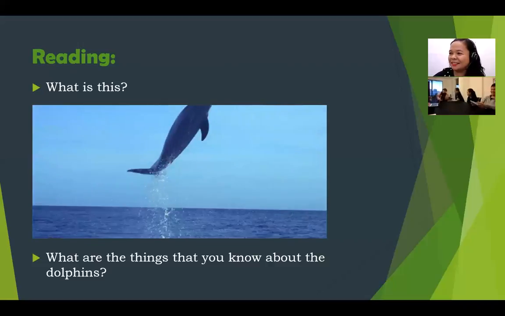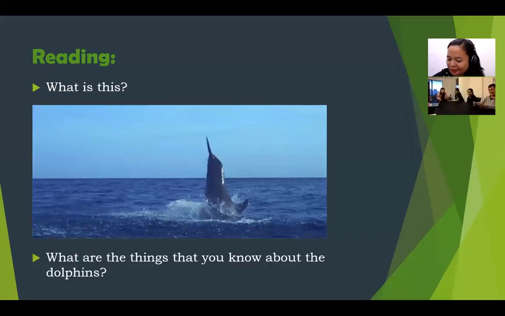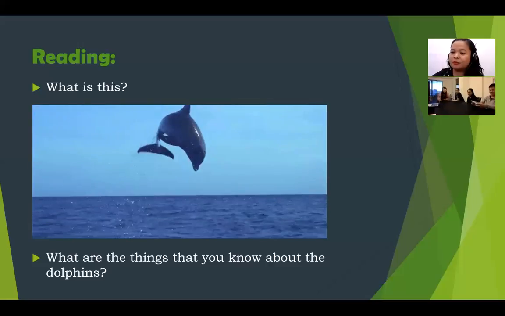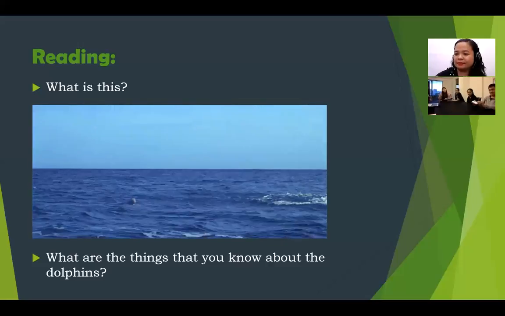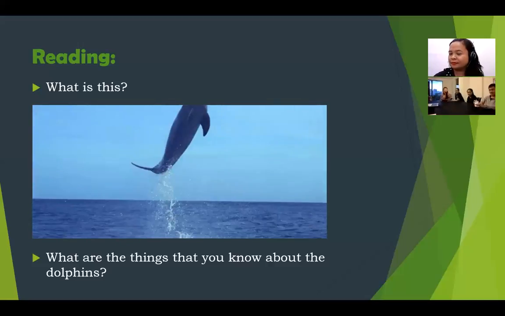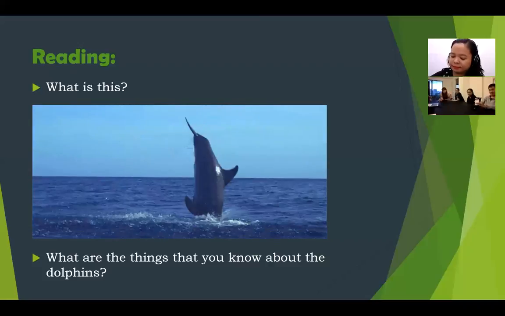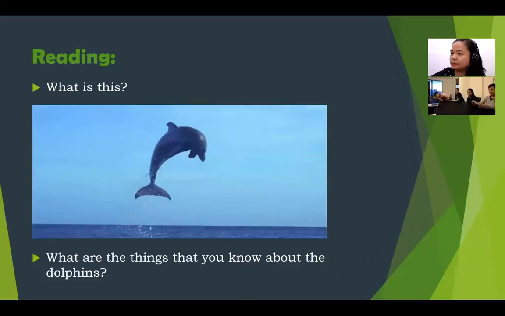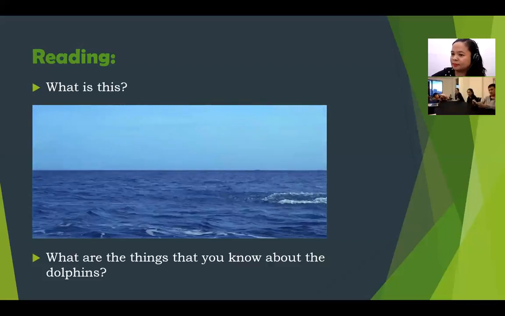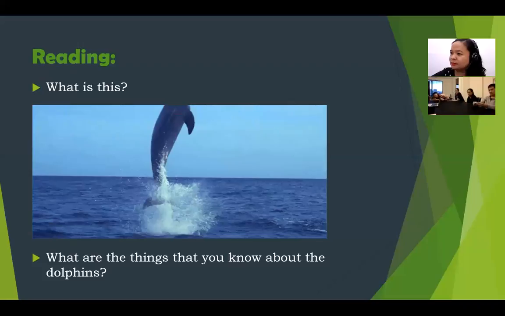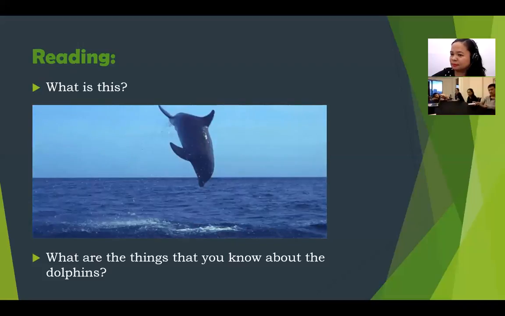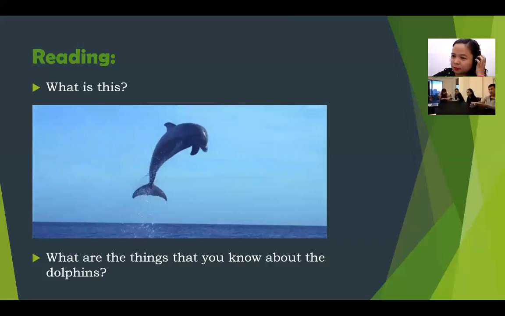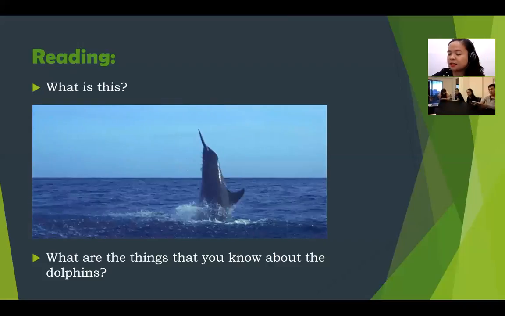Okay, what else? It can jump. What do you know about dolphins? Dolphins are very smart. They like swimming beside the ship. Yes, they are very smart.